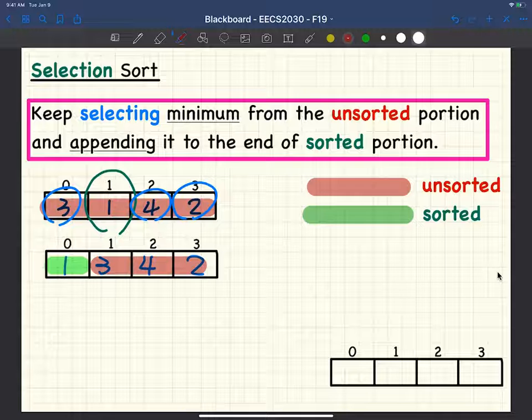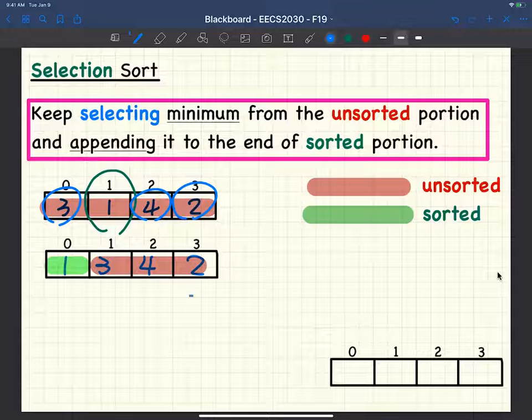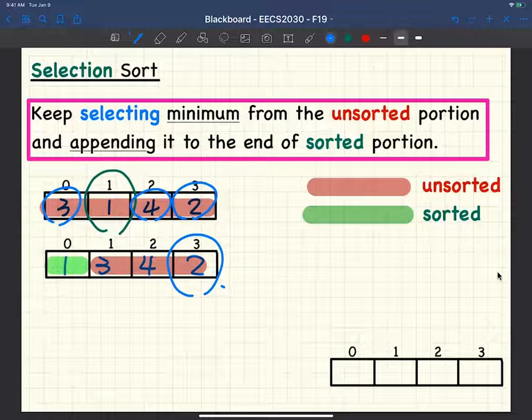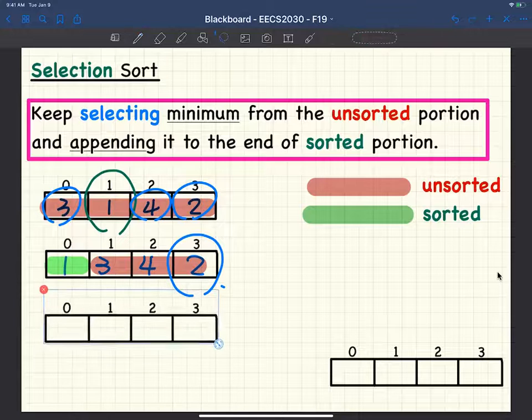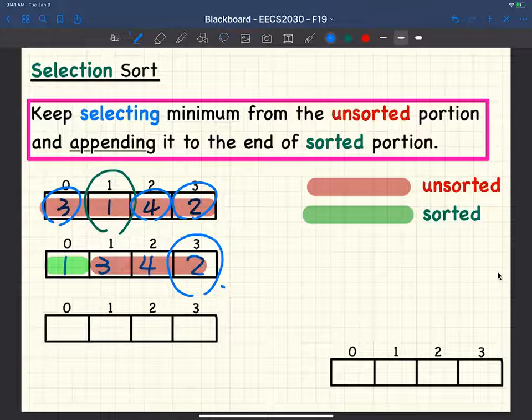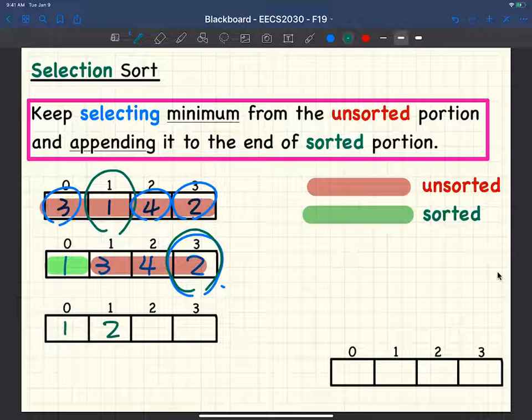Well, according to the algorithm, you have to choose the minimum from the unsorted area. 2. And remember we already got 1 over here, right? So now 2 is the minimum we chose, and we append that to the end. And everything else remains the same, 3 and 4.